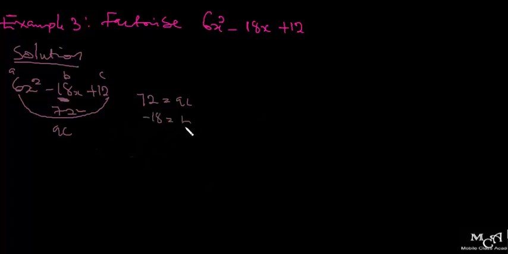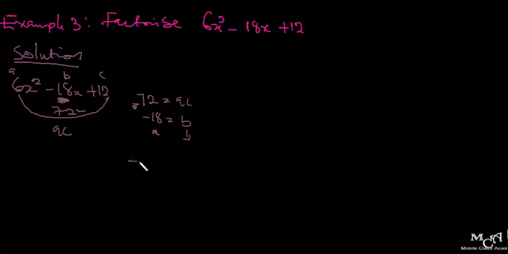So I'm looking for two values that when added will give me minus 18, and when multiplied will give me 72. And guess what? We use 6 and 12 to get 72.